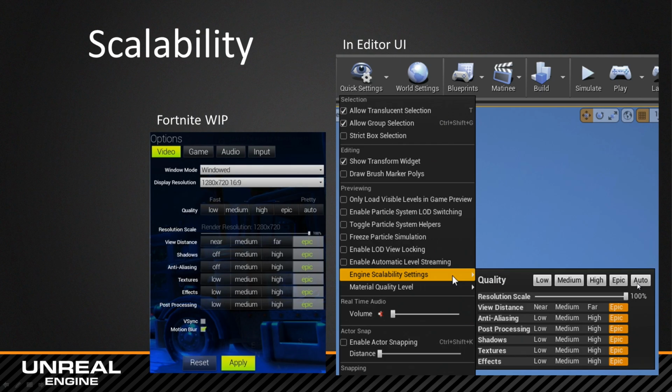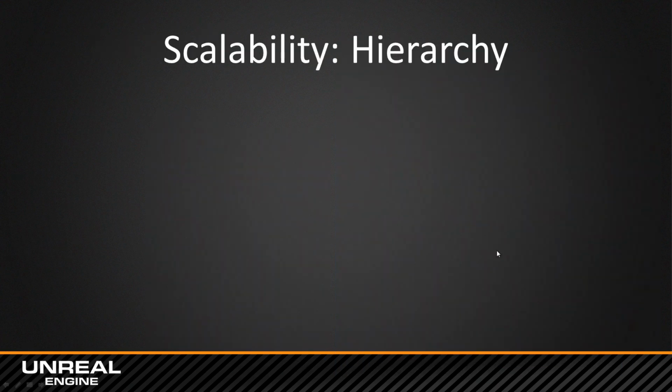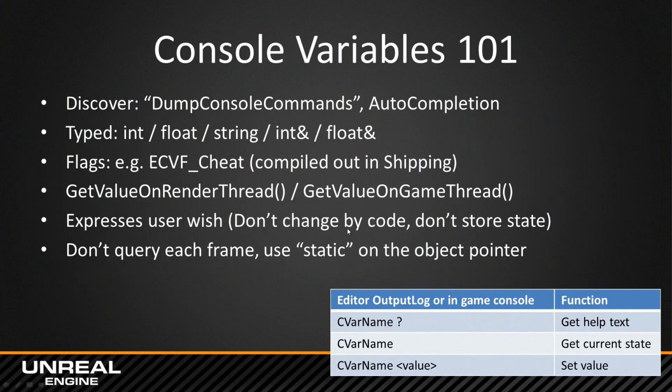It's never perfect, because what actually is a good setting depends on your content. It depends on how important the view distance, for example, is for your game. So the best auto is one that is also tweaked a little bit for that game. Also, the auto feature requires us to do performance tests on that hardware, and not on every hardware can we use the timer queries for that. We're still working on that a little bit, but as I said, it's an ongoing thing that we need to improve over time, for sure.